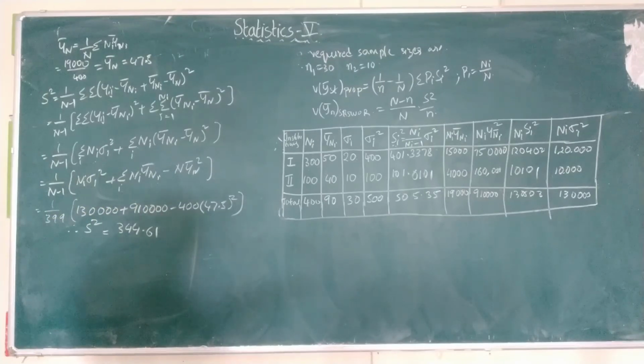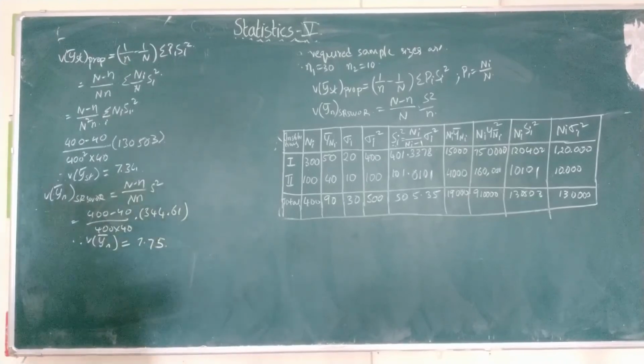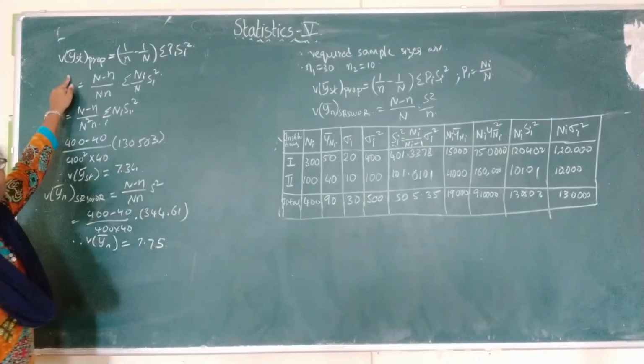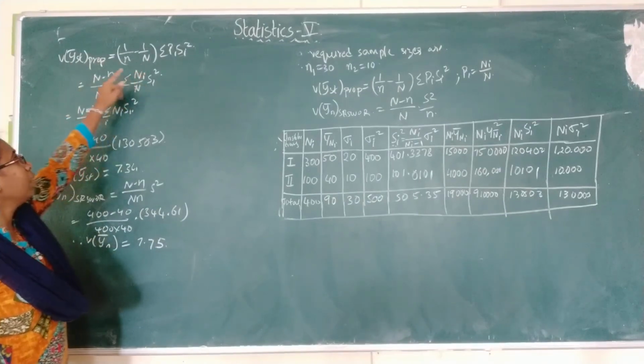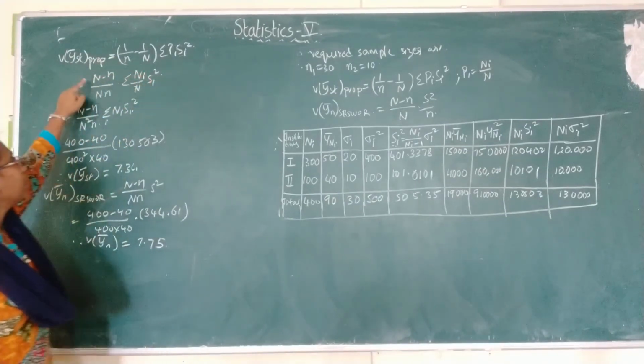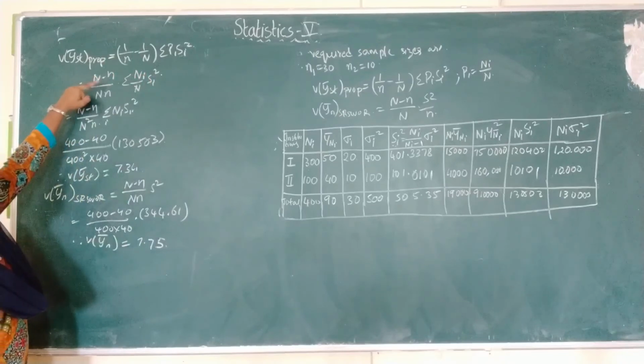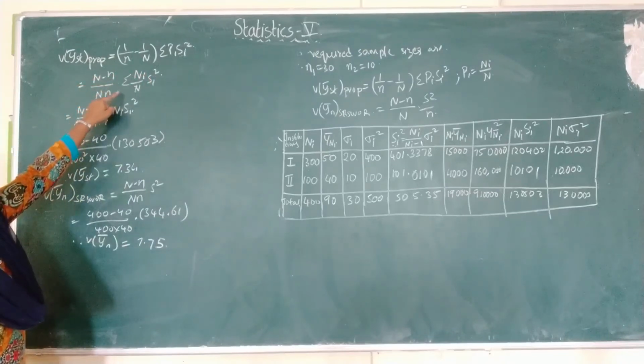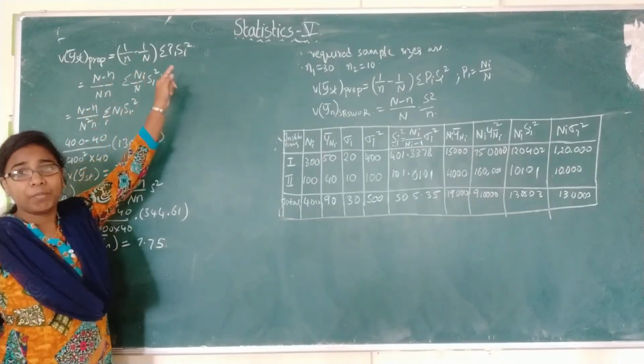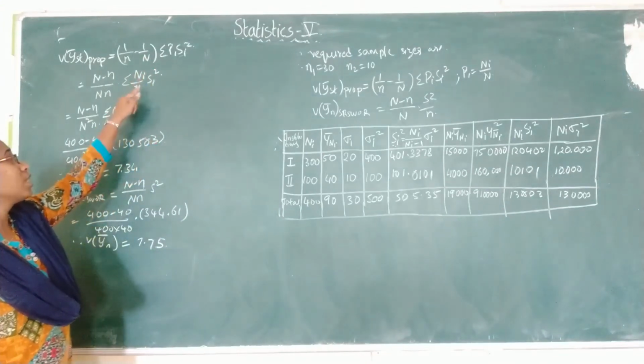Now we'll find the variance under proportional allocation and under simple random sampling. After calculating the s square value, next we will find the variance under proportional allocation. Write down the formula, and if you take the LCM, you will get N minus n by N into n summation. What is Pi? Pi is Ni by N. Substitute that value.